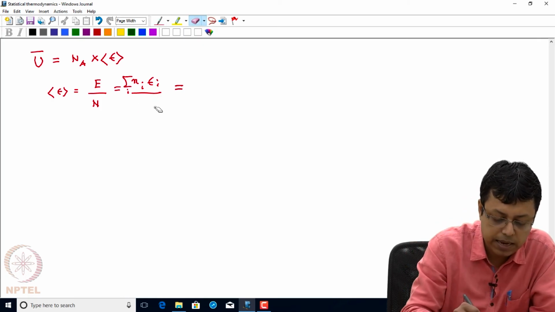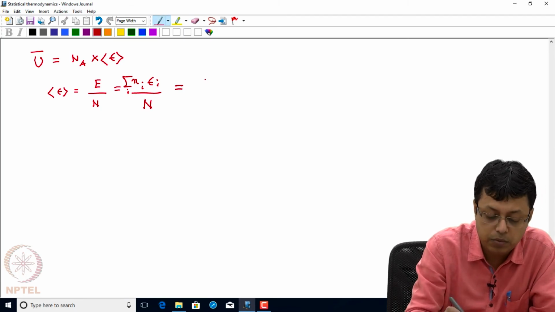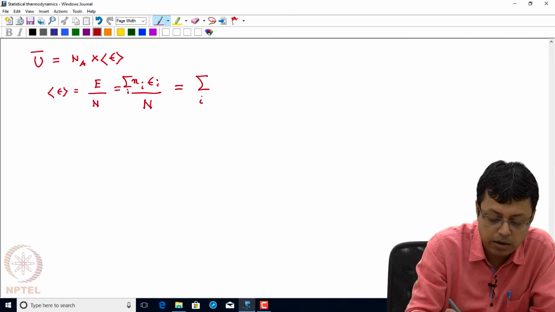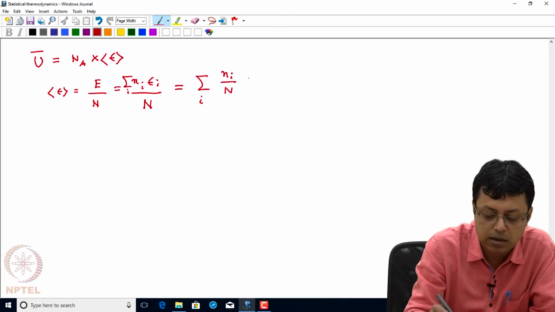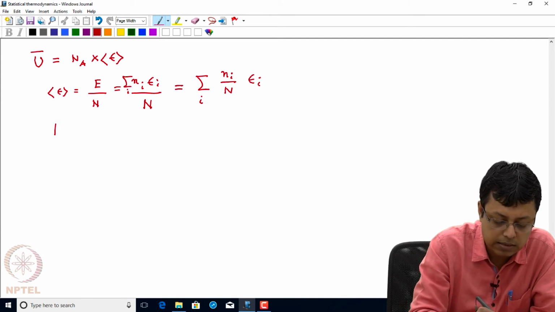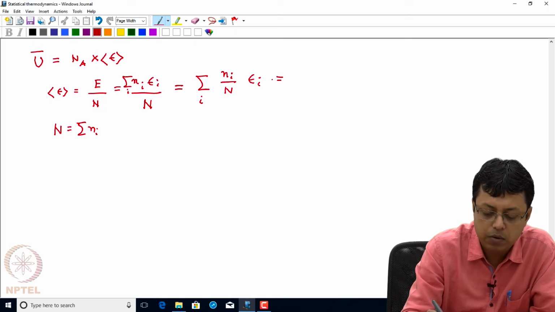Let us just keep this N as capital N only, and then watch carefully what I am doing. I have a sum over i, and I am writing this N inside the summation, times epsilon i. Of course, N is nothing but the sum over Ni. And then what is this thing?